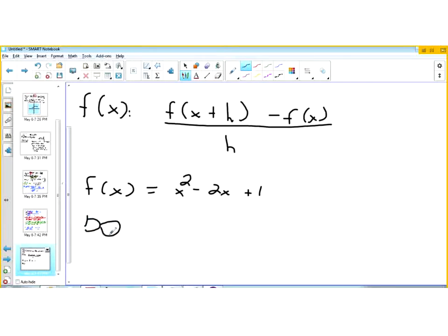So the difference quotient would be (x plus h) quantity squared minus 2 times (x plus h) plus 1.